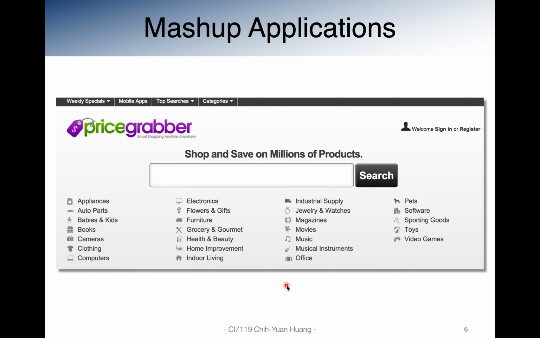And there are a lot of mashup applications. For example, one of them is the price comparison websites, like PriceGrabber. What it does is go to a lot of online shopping websites and collect the price of each of the products.